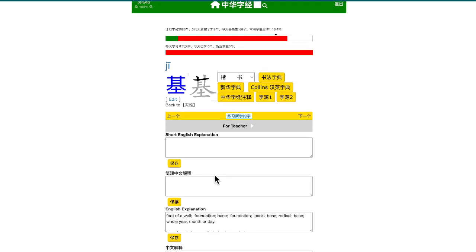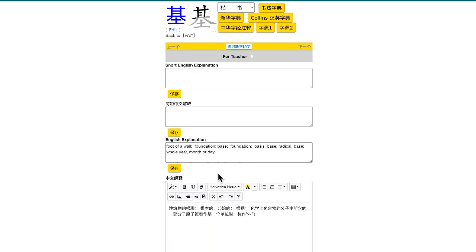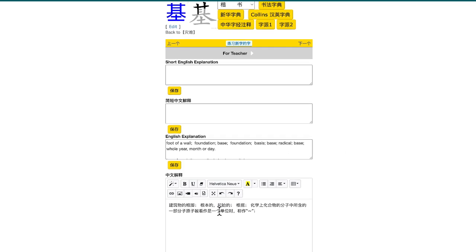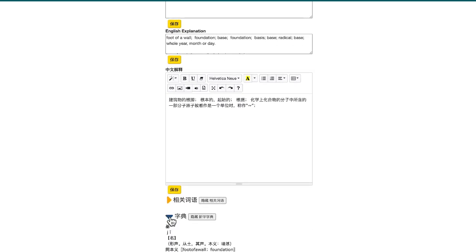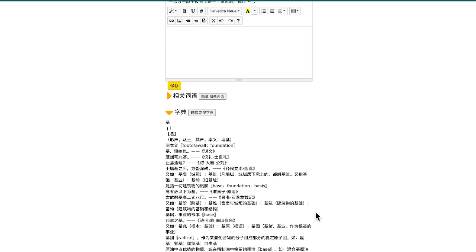Next one, ji. Now ji means foundation, base, basis. The original meaning is those dirt foundations. In ancient China, when they built buildings, they would pile up dirt to build a high plateau, and then press the dirt to make it hard.